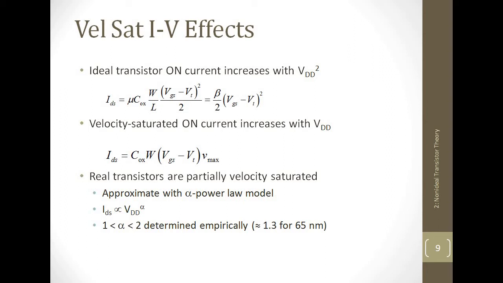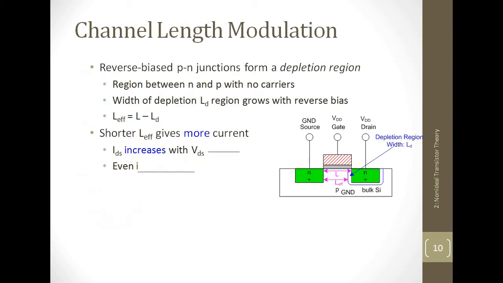IDS is proportional to VDD to the alpha, where alpha ranges between 1 and 2. Alpha is a performance parameter factor; it could be taken as 1.3 for 65 nanometer, or between 1 and 2.